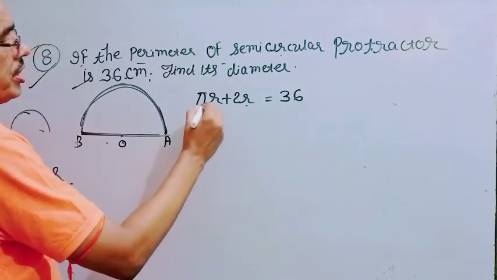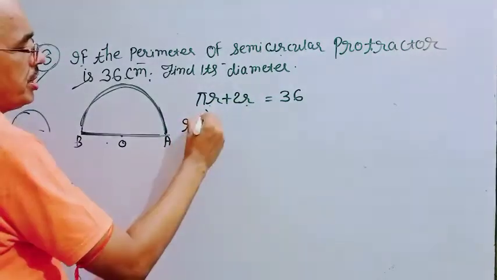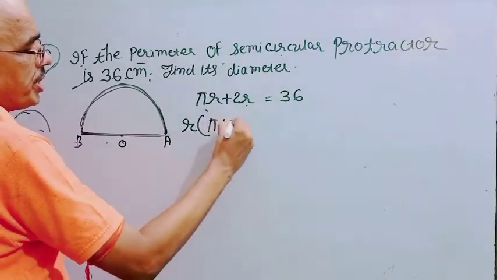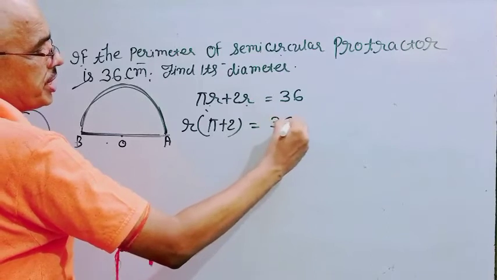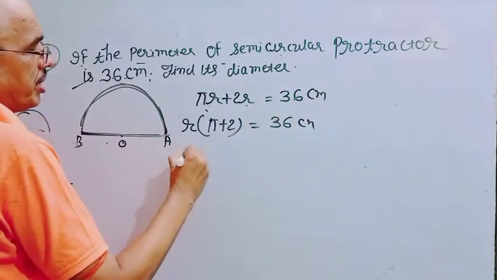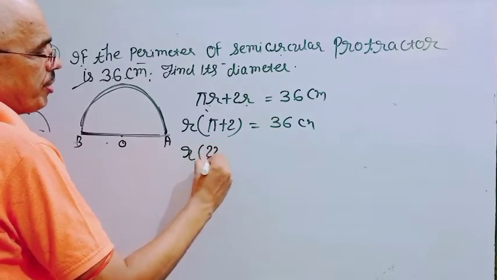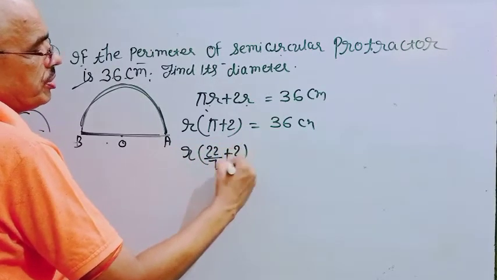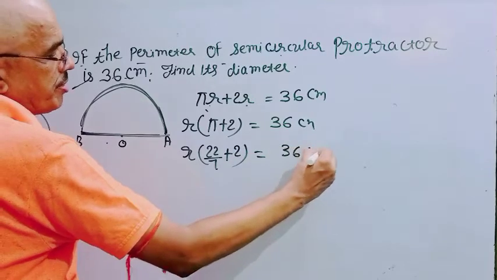So dear student, you can take r as common. Then pi plus 2 is equal to 36 centimeter. Now write r times 22 by 7 plus 2 is equal to 36 centimeter.